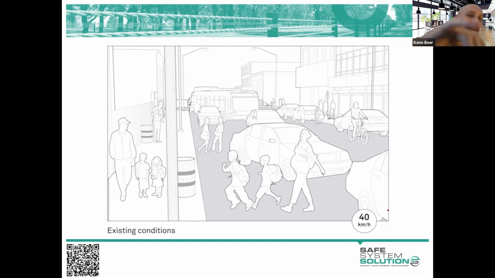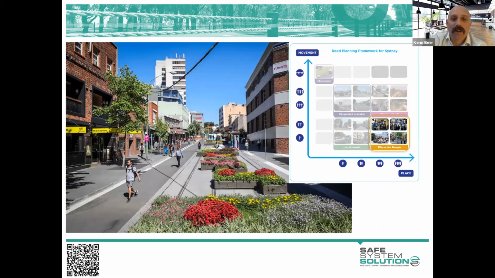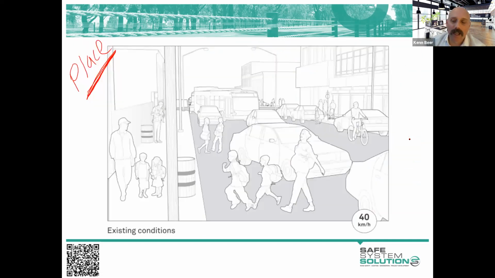But this has been clearly defined as a place. So when we look back here, we're in these places for people category. It's really got high place value and fairly low movement function when it's categorized.